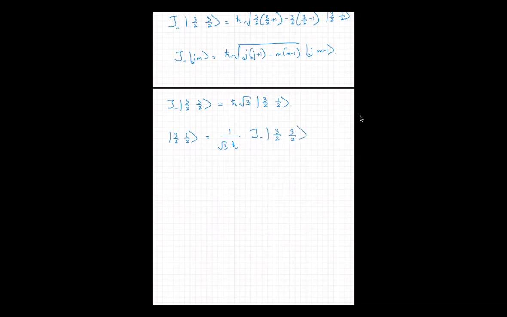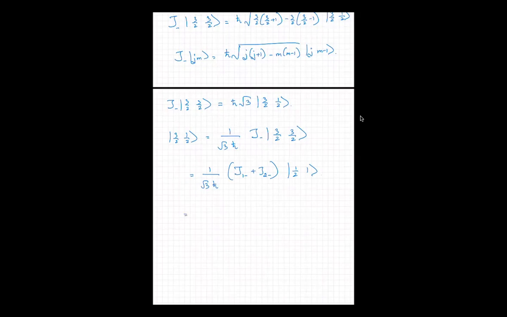Now I also know that 3/2 3/2 is basically 1 1/2. So I will write the right hand side of this equation as J minus, which can be written as J1 minus plus J2 minus, acting on 3/2 3/2, which in the uncoupled M1 M2 basis is basically the state 1/2 1. Okay. And that is pretty much all I need.